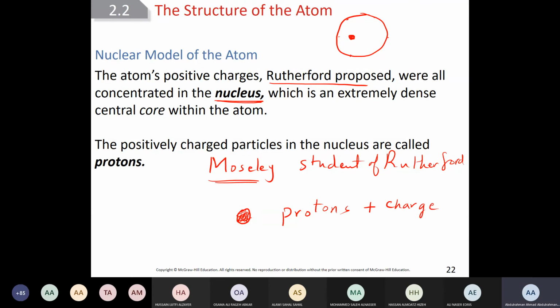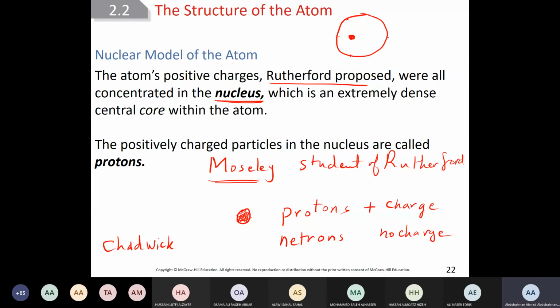Then another scientist called Chadwick. You must memorize all these names. He discovered that there is also another particle in the nucleus. It's called what? Neutrons. No charge.